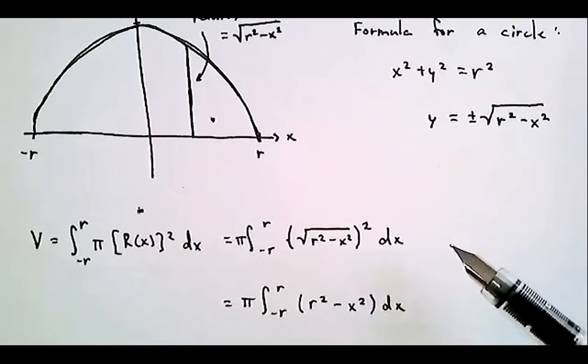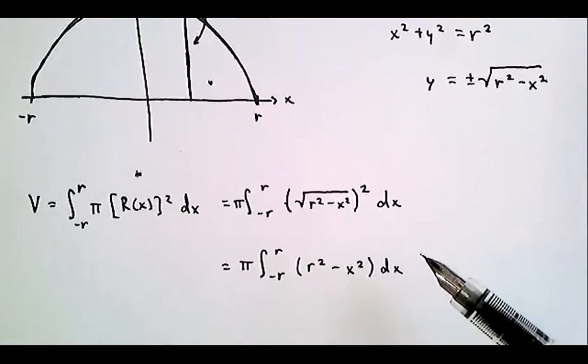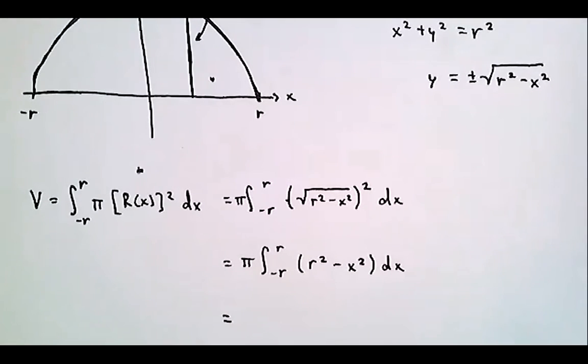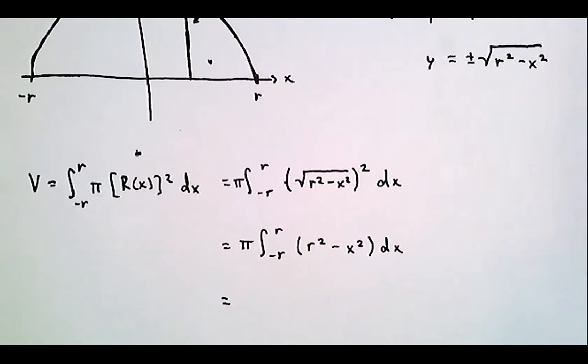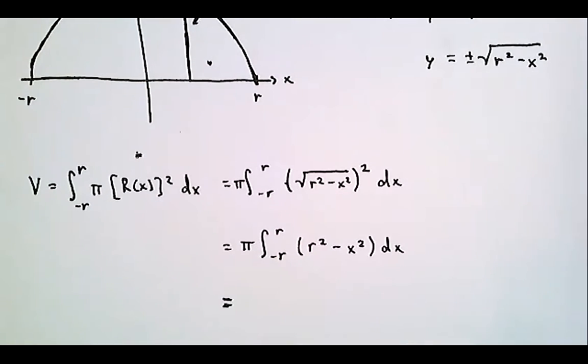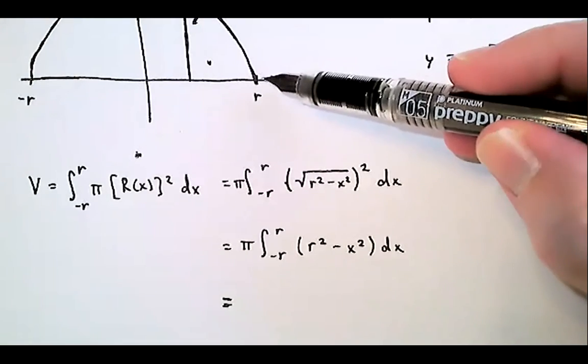Okay, so now we need an antiderivative for this guy. Any ideas? No one's jumping in. That's all right. So the thing to remember when you're doing an antiderivative is that r, even though it's written as a variable, is actually a constant number.